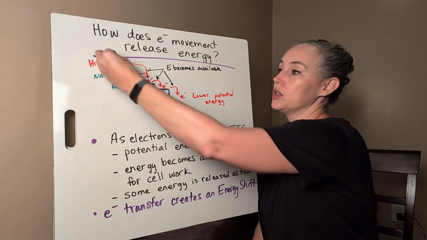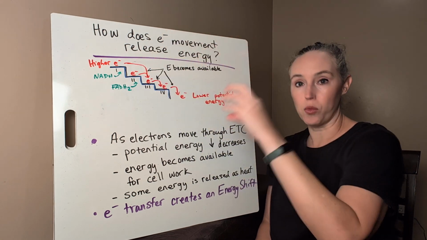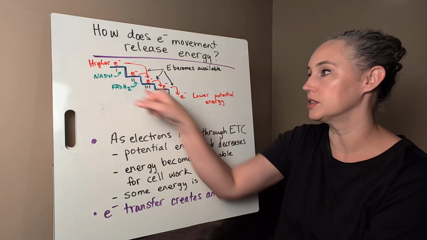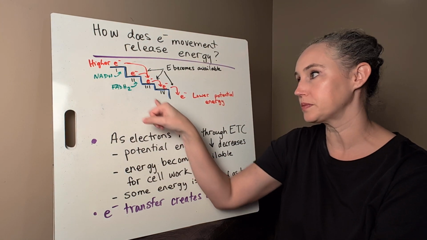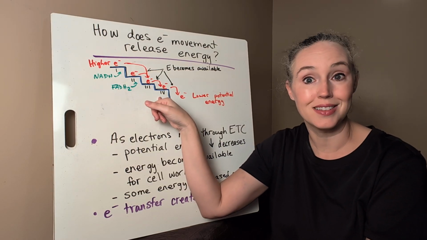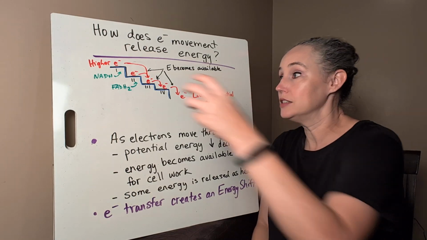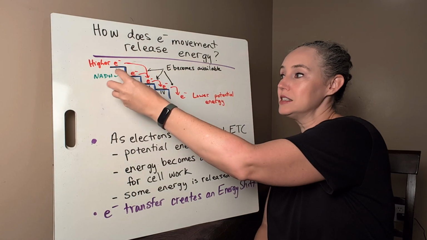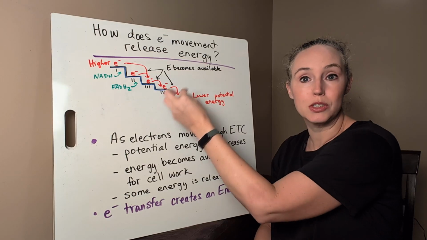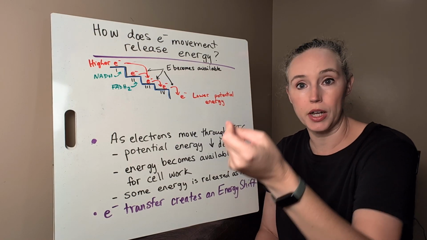And as these electrons move from one step, or one protein, to the next, you can see I've numbered these steps with the same proteins that are in the electron transport chain. As they move from one protein to the next, they're moving to a lower potential energy.